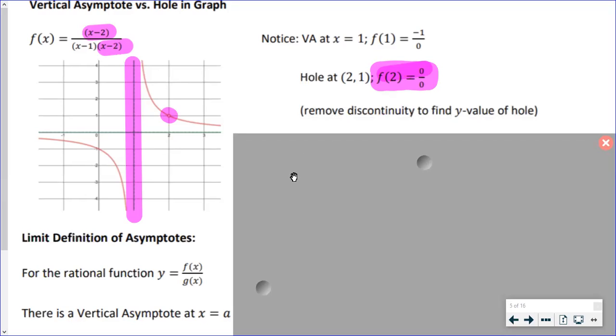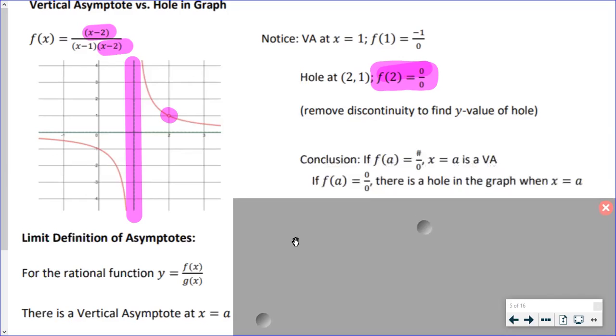So this is a removable discontinuity, and from Module 1, we learned that even though this is not a continuous function, the graph still has a limit because it's approaching, at x is equal to 2, the same value from the left to the right.